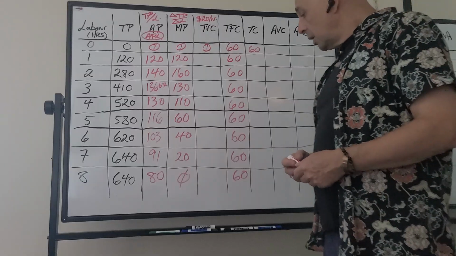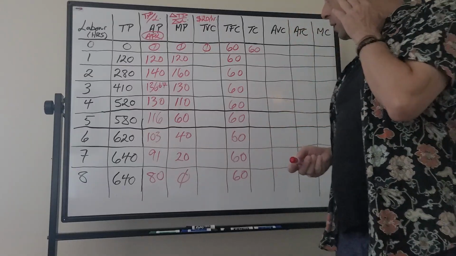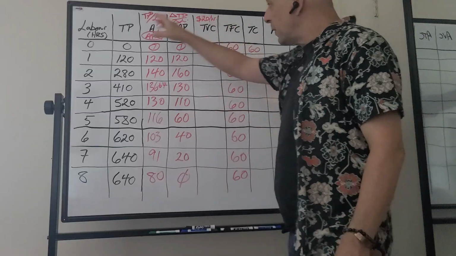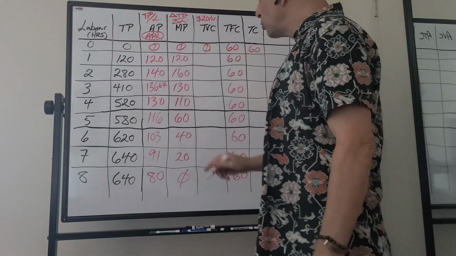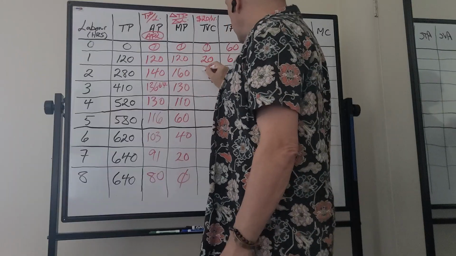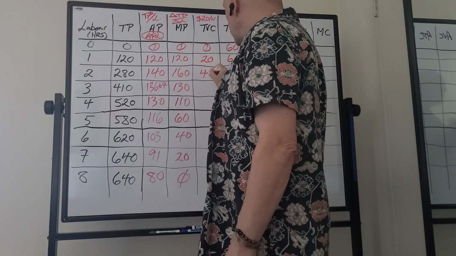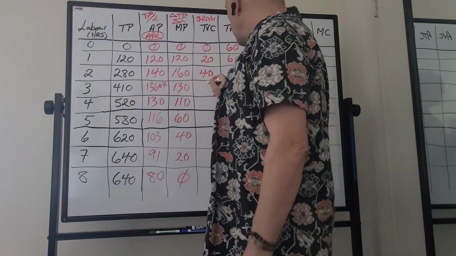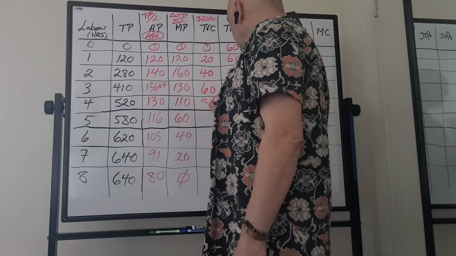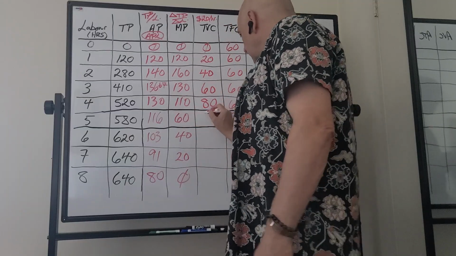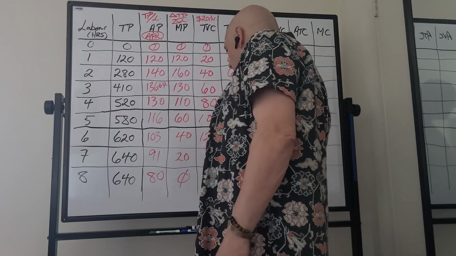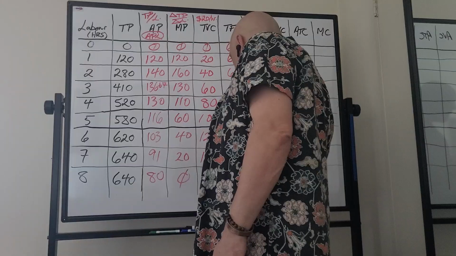Okay. So now we can figure out our variable cost. And our variable cost is going to be the number of labor hours times $20 per hour. So here we're paying $20. 2 times 20 is 40. 3 times 20 is 60. 4 times 20 is 80. 5 is 100. 120. 140.